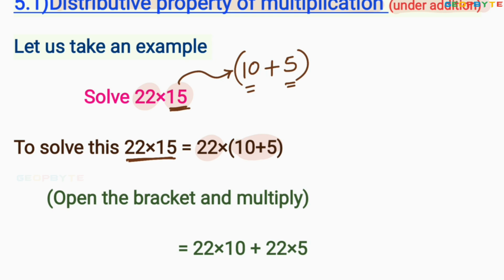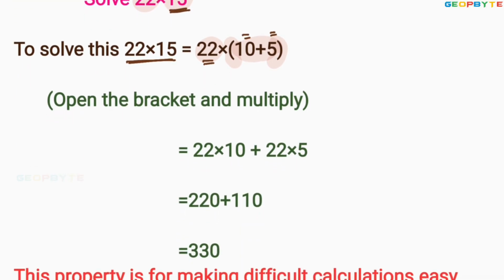Then open the bracket. While you are opening the bracket, you should be very careful that this 22 should be multiplied with 10 and 5 separately. Look at the calculations. I have opened the bracket by multiplying 22 and 10, and 22 and 5.